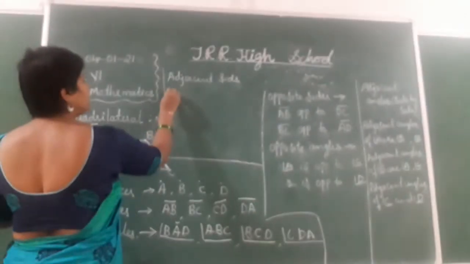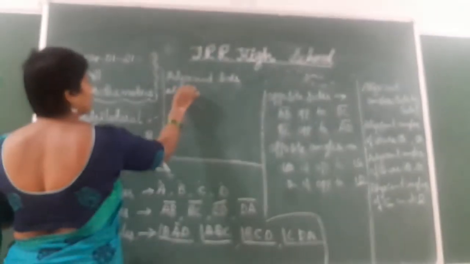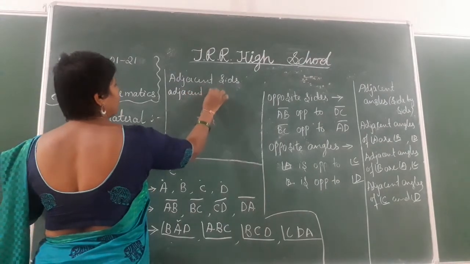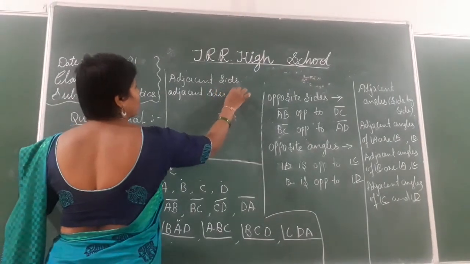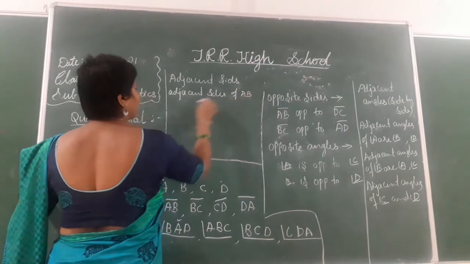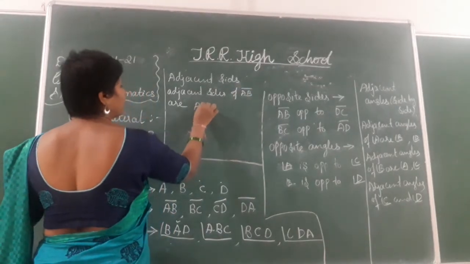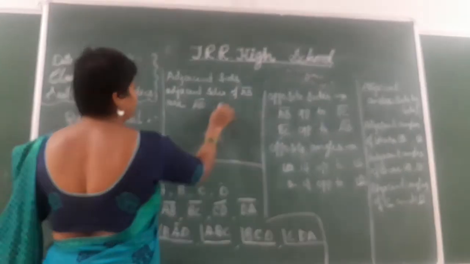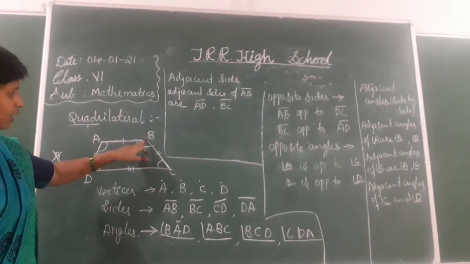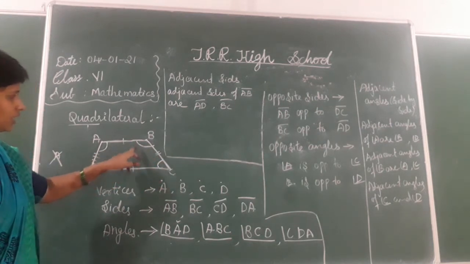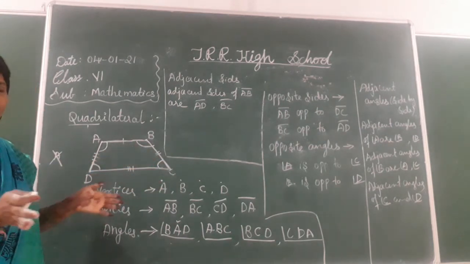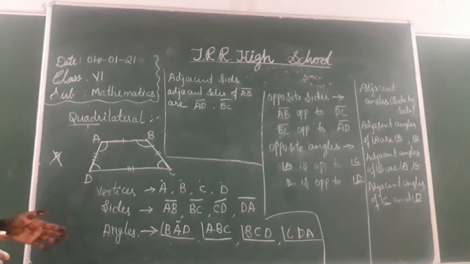Adjacent sides of AB are AD and BC. If you take AB, these two are adjacent. If you take BC, these two are adjacent. So which are near to the line segment, the side.